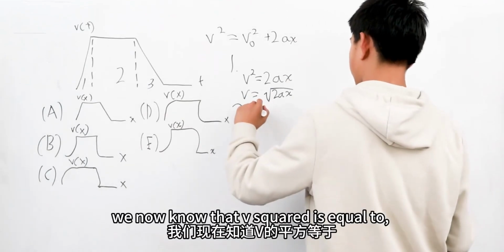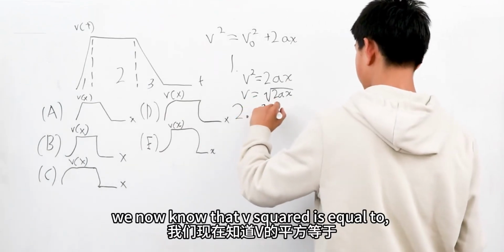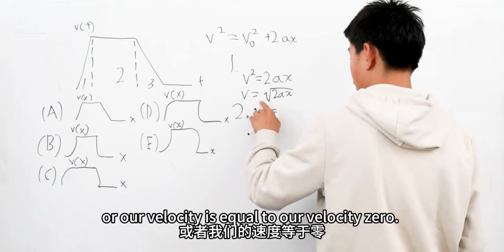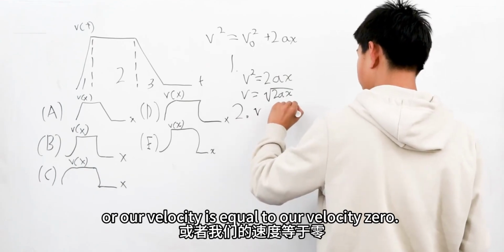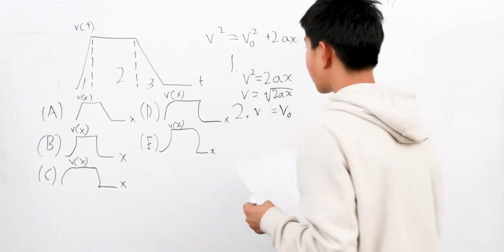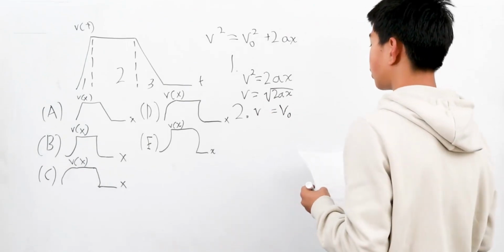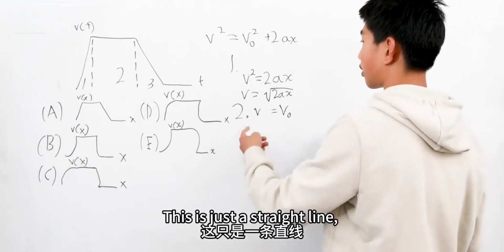So we now know that our velocity is equal to our velocity 0. So this is just a straight line.